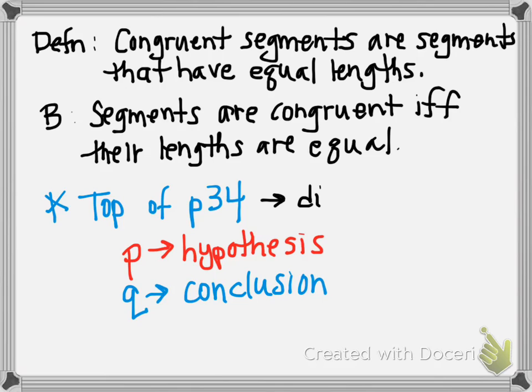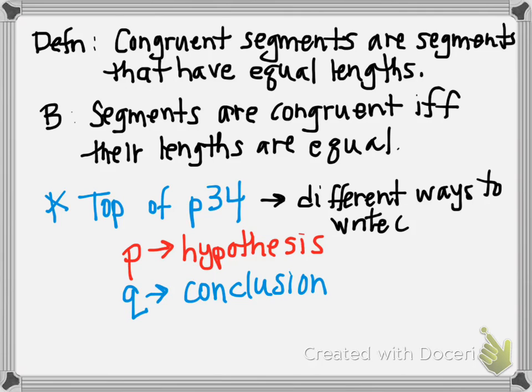So these show you, I think there's 4 variations. So different ways to write conditionals. So I want you to really pay attention to it, because that's part of what your homework is to ascertain what is the hypothesis and what is the conclusion.